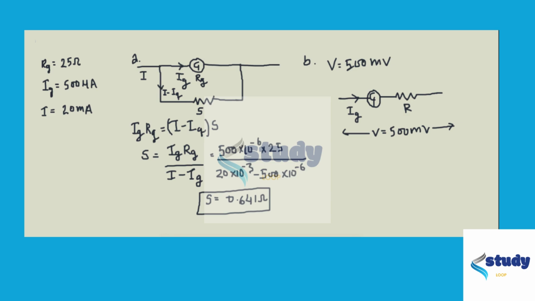Now to do that, what we can say is Ig times the resistance of the galvanometer plus the resistance that we added should be equal to V. Now what is Ig? 500 microamperes. 500 into 10 to the power minus 6 times, what is Rg, the resistance of the galvanometer? 25.